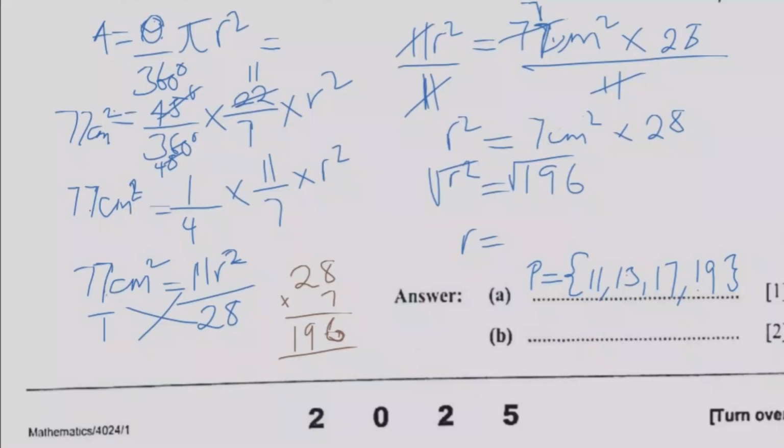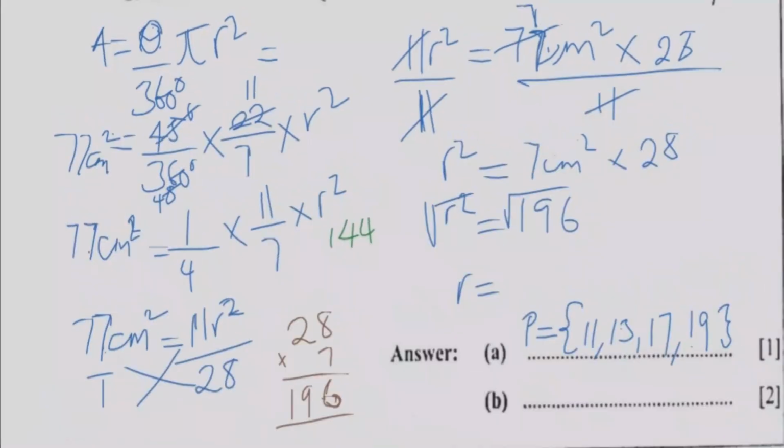I'm sure the common one is 12, because we have seen multiplication tables that go up to 12 for a long time. But 12 times 12 gives us 144, so 12 is not the square root of 196.